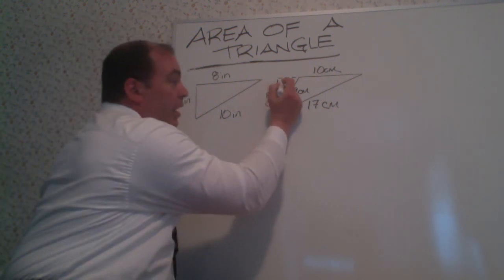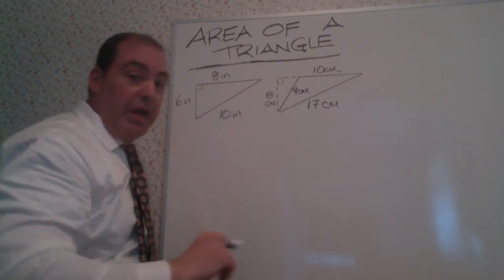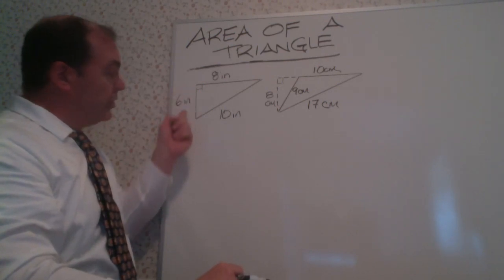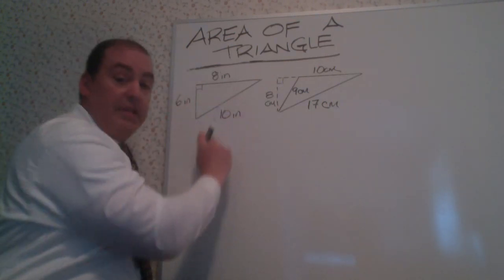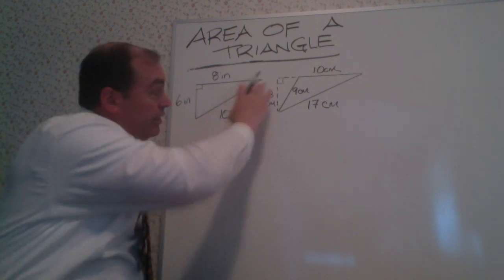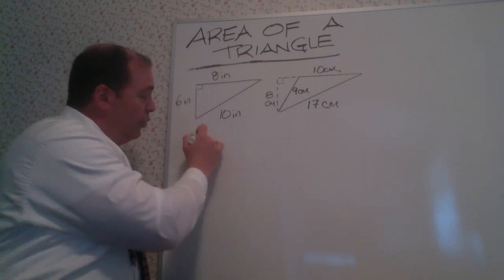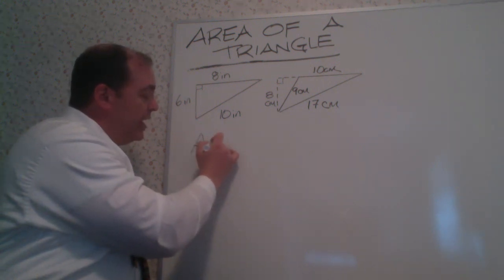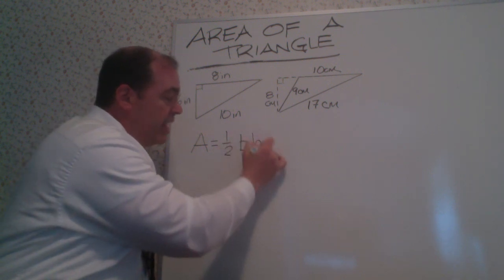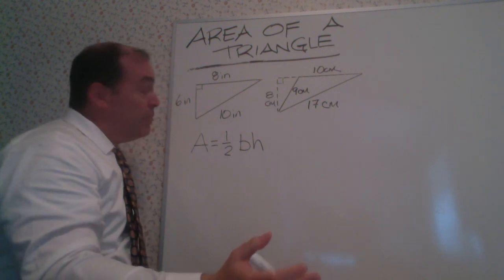So let's look at this first example. Here's a triangle, and the vertical is 6 inches, the horizontal is 8, and it's 10 inches on the hypotenuse. We're going to calculate area, and as we discussed, area is 1 half base times height. So what's my base in this?